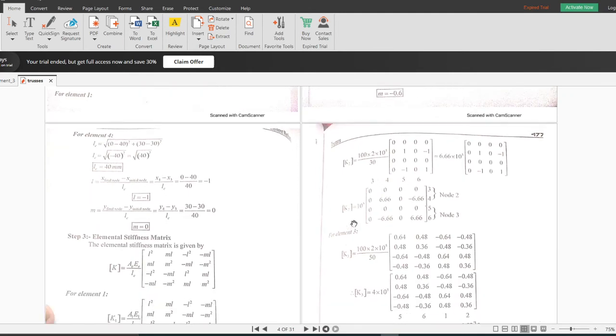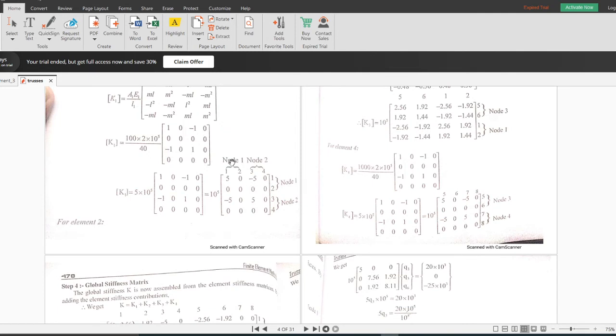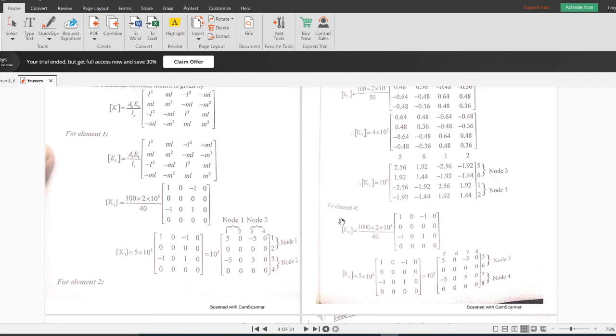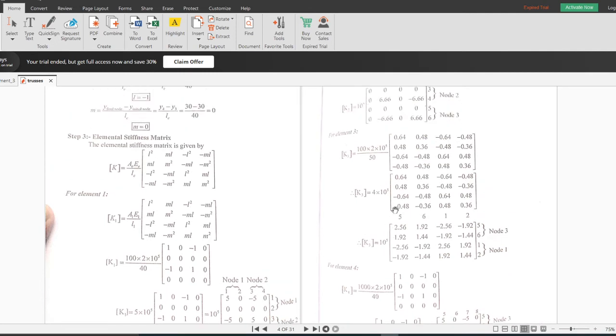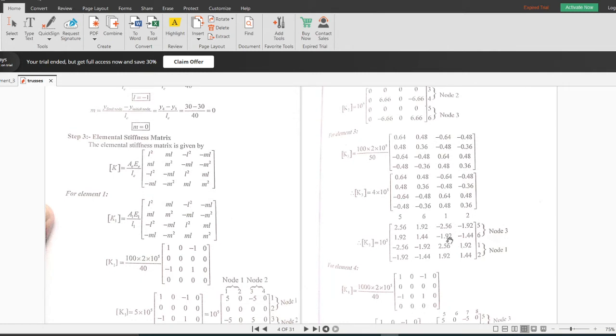Okay. Let me take the matrix. 1 1. Where is 1 1? Let me start from K1 here. 1 1, what is the value here? 5. Next, any 1 1 combination? K2, there is no 1 1 combination. K3, there is no 1 1 combination, correct? K3 1 1, here.